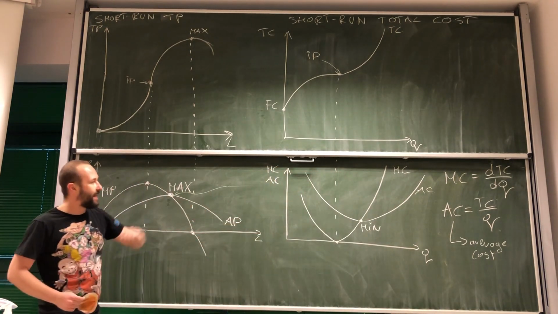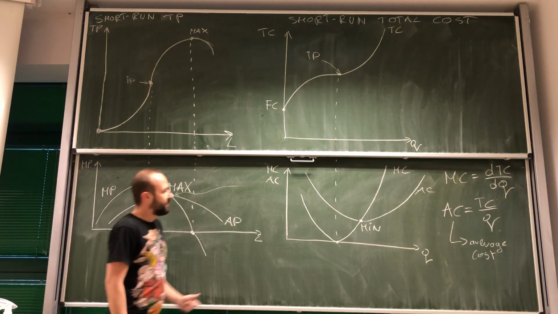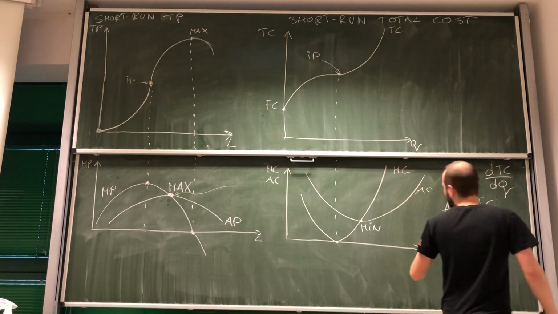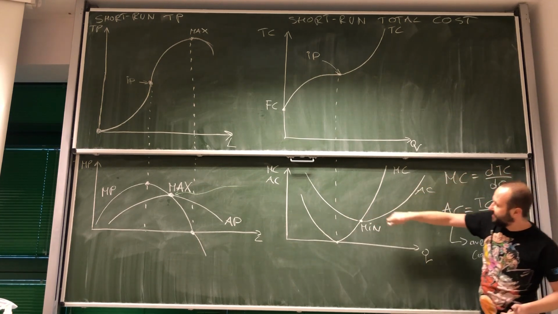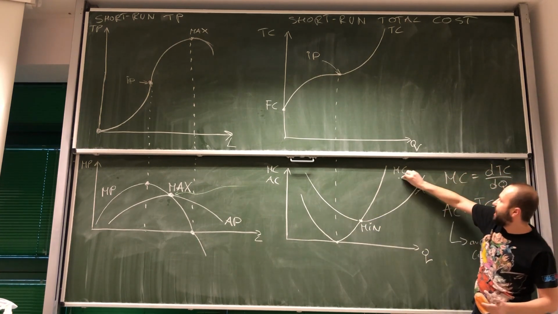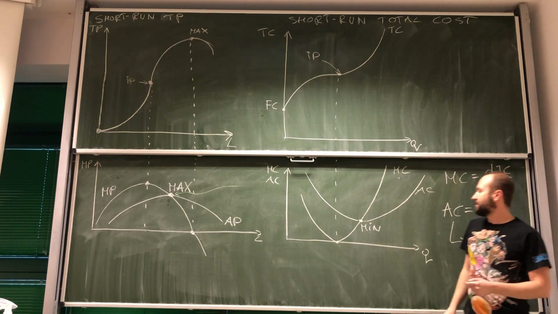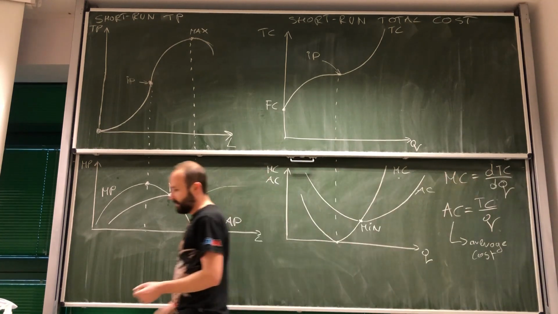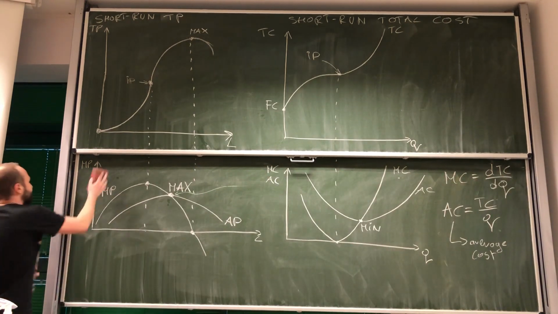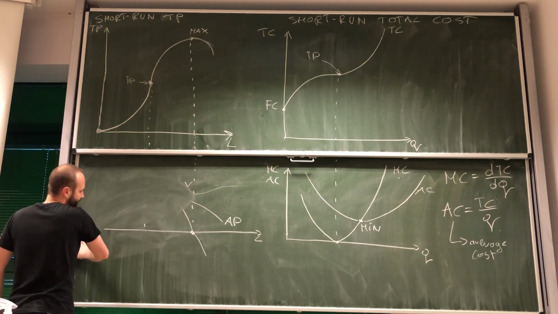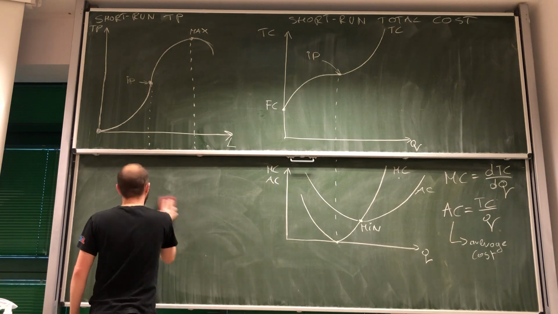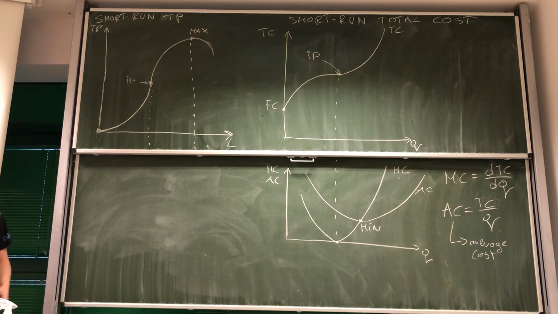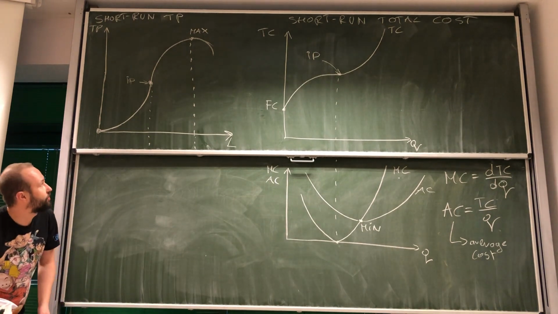Now, but why is that the average cost is getting the lowest value at a point when marginal cost intercepts with it? And look, again, I can just simply prove it to you using first order condition, just like we did with total product.